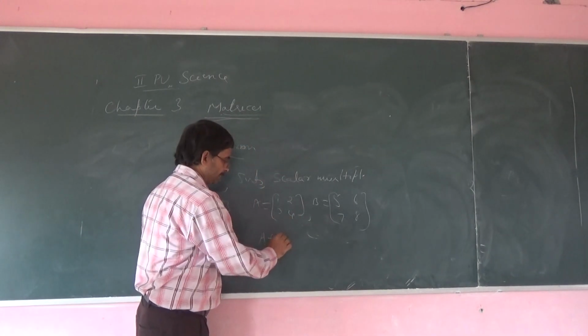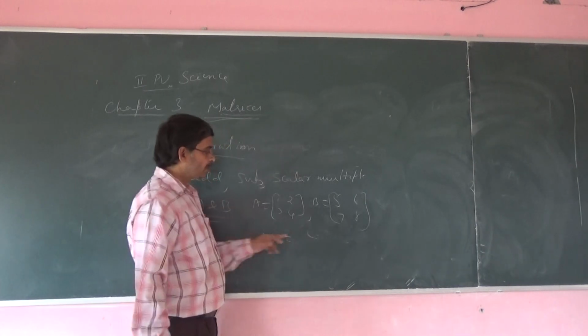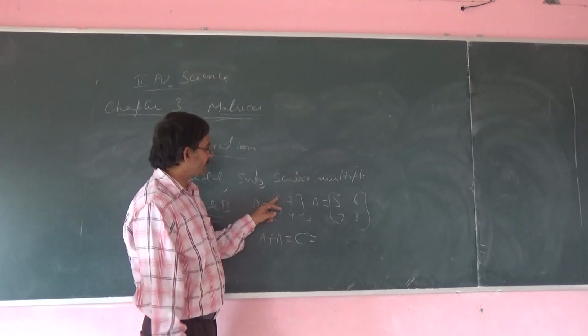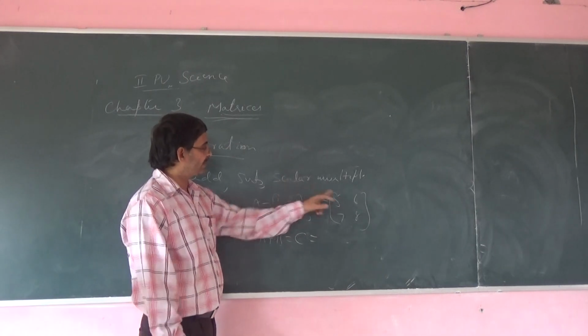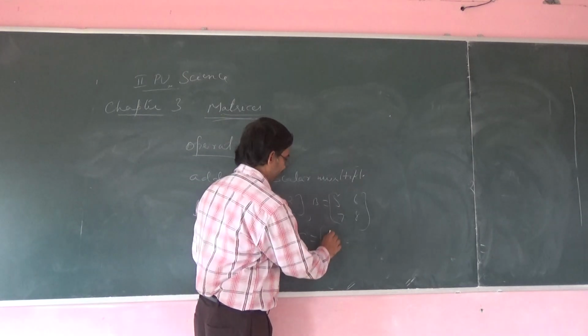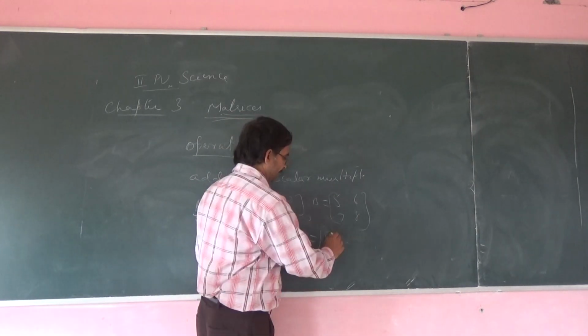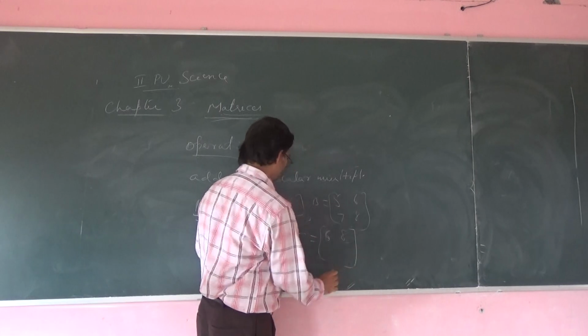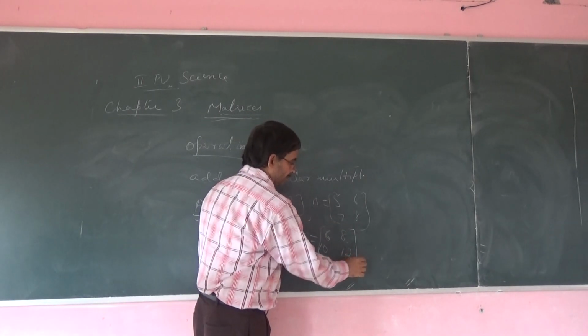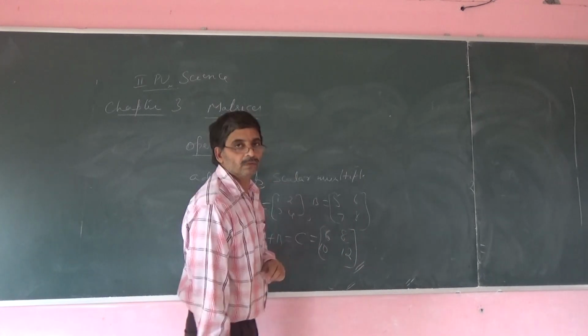I will call the resultant matrix C. It is also a matrix. Corresponding elements are added: 1 plus 5 is 6, 2 plus 6 is 8, 3 plus 7 is 10, 4 plus 8 is 12. So this is A plus B equal to C.